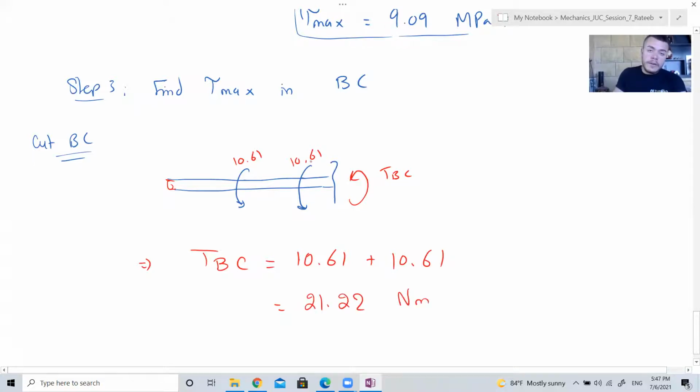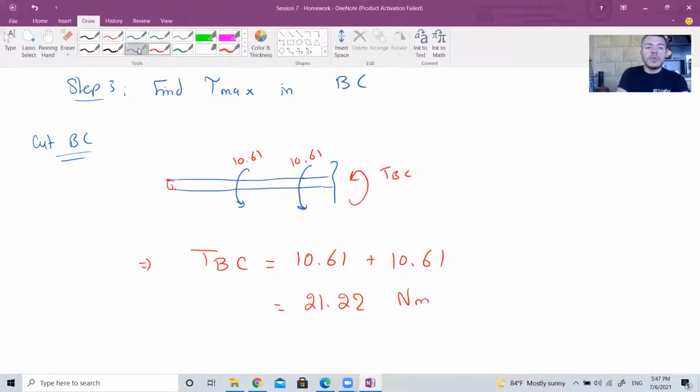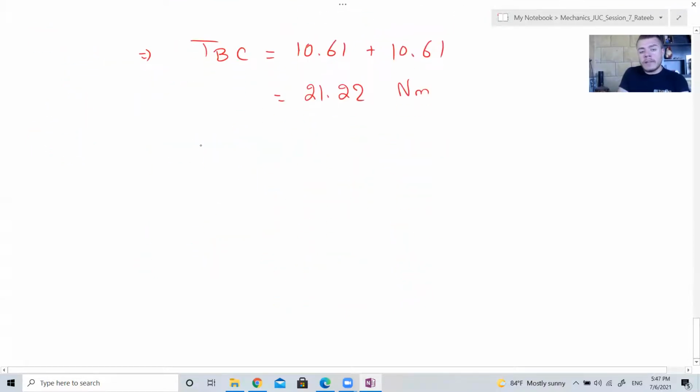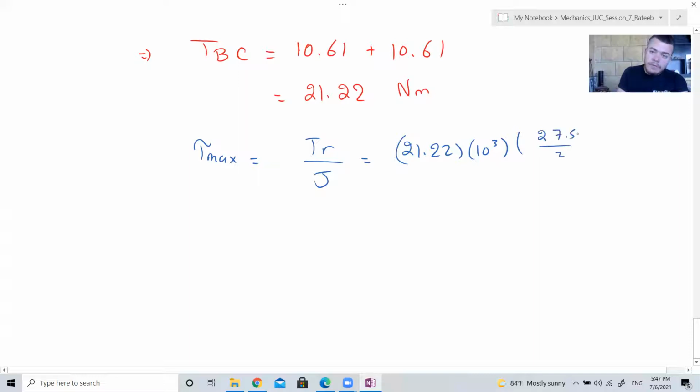21.22 newton meters. And therefore, you can now calculate tau max, which is TR over J, which is 21.22 times 10 to the power 3 times the radius, which is 27.5 over 2, over pi over 2 times 27.5 over 2 to the power 4.